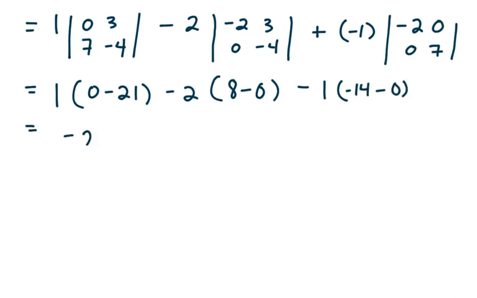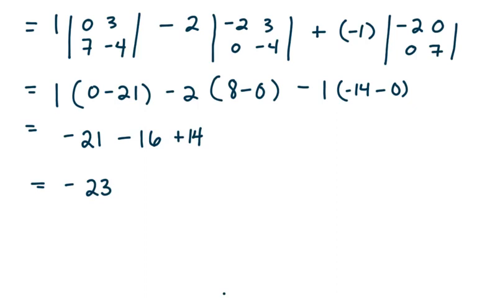So for that first term, we've got -21, then we have minus 16 and plus 14. -21 minus 16 minus 14 gives us -23. And that is a negative value.